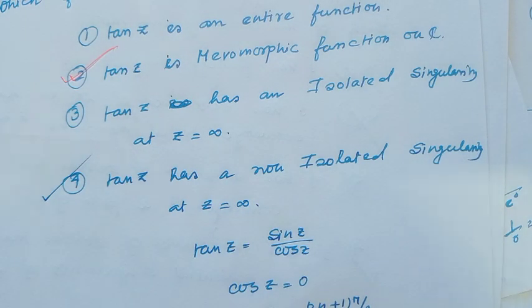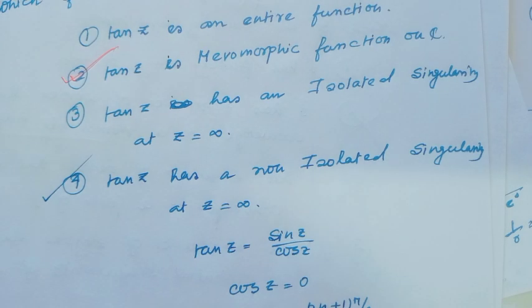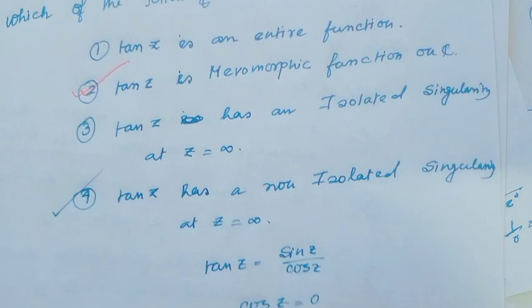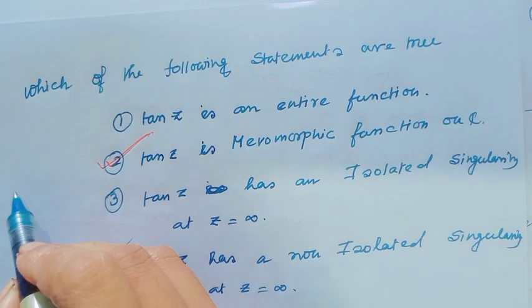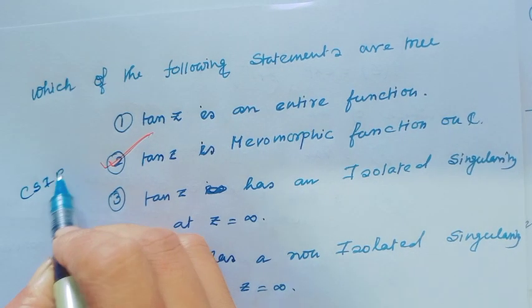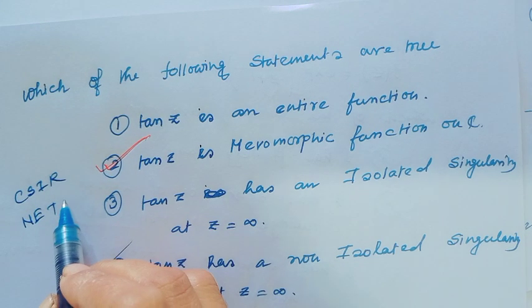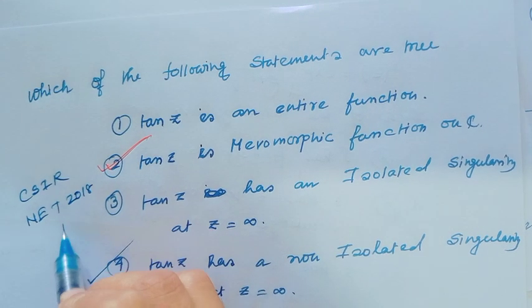That means option 2 and option 4 are true, and this question came in the CSIR NET 2018 June exam.